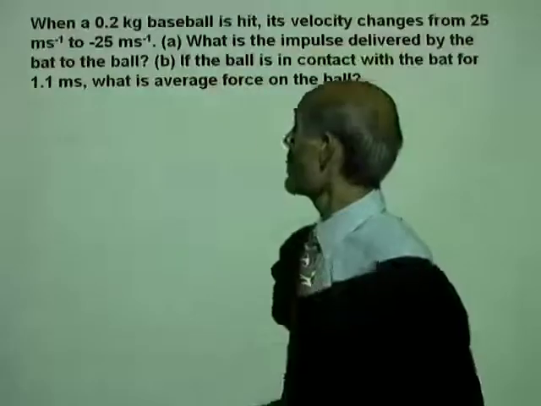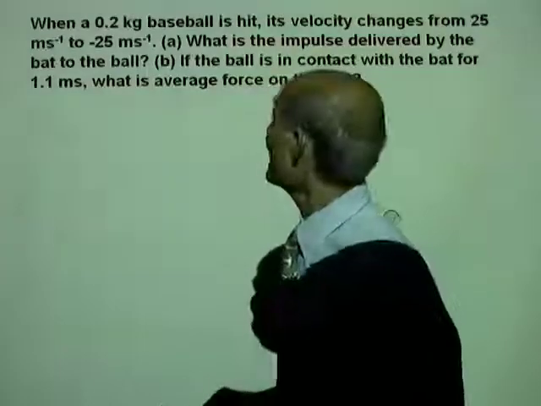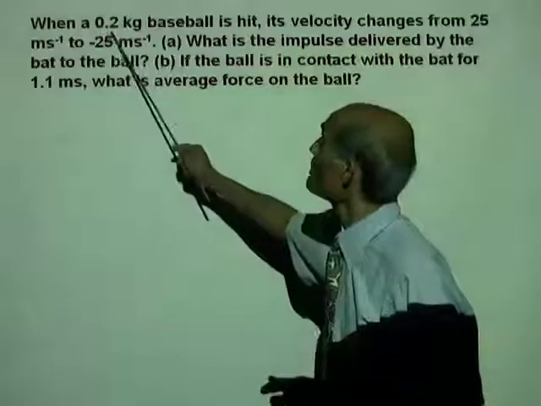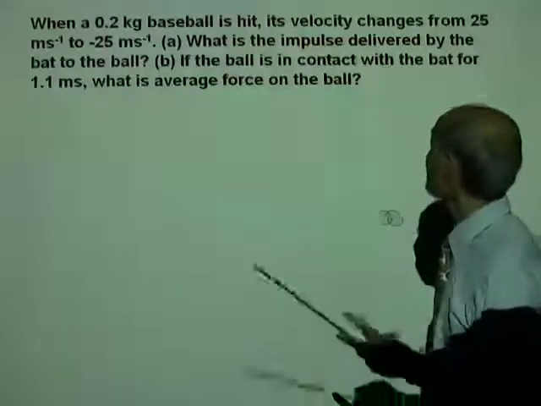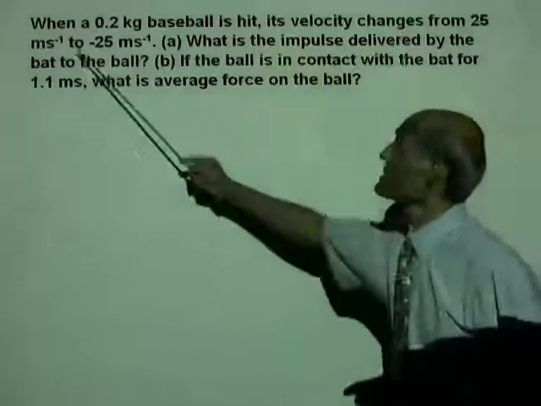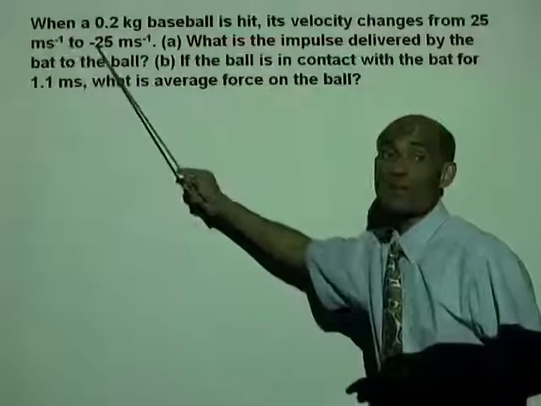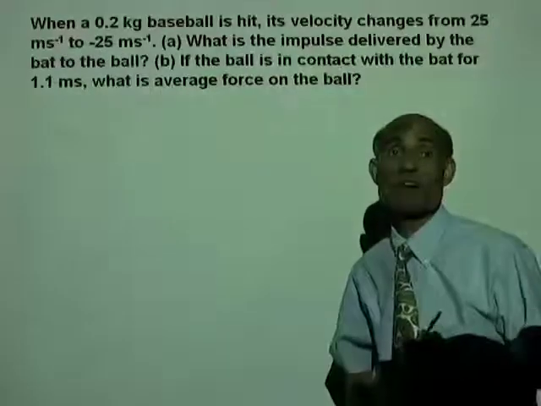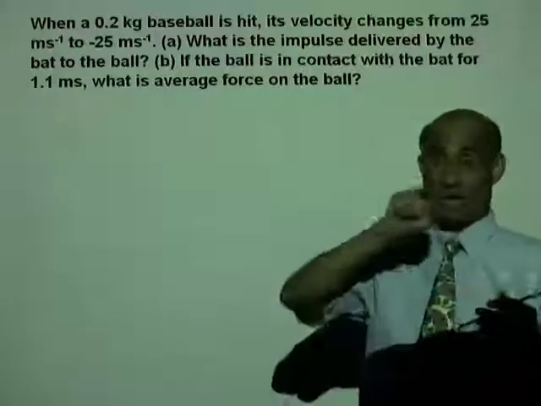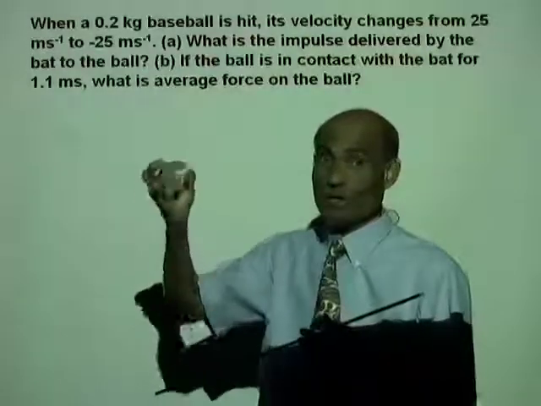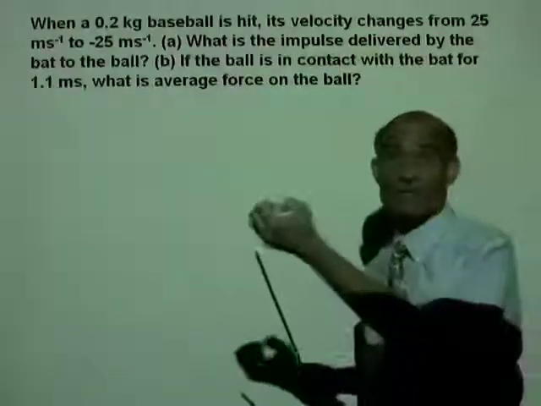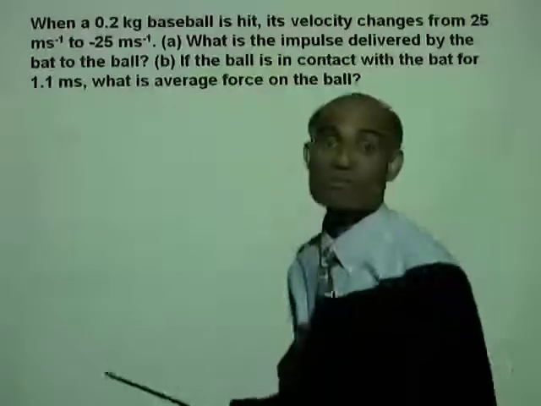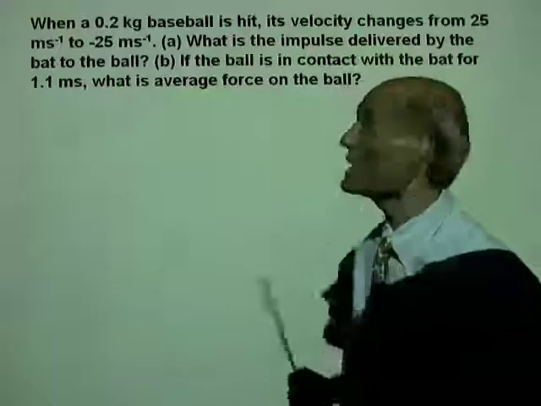Well, let's do a small problem. When a 0.2 kilogram baseball is hit, its velocity changes from 25 meters per second to negative 25 meters per second. Well, it goes forward, it is reflected back in exactly the opposite direction with the same speed.